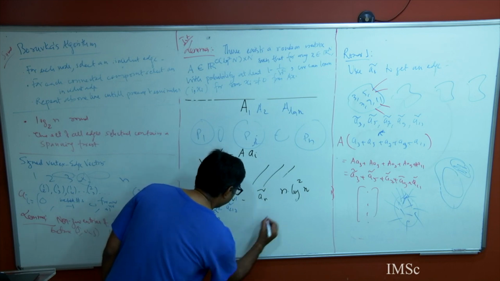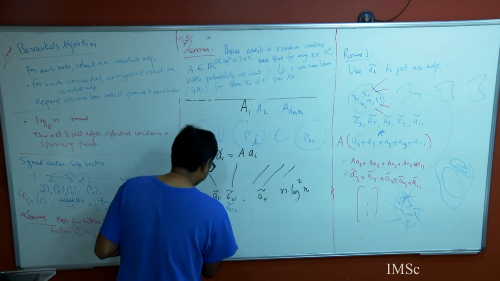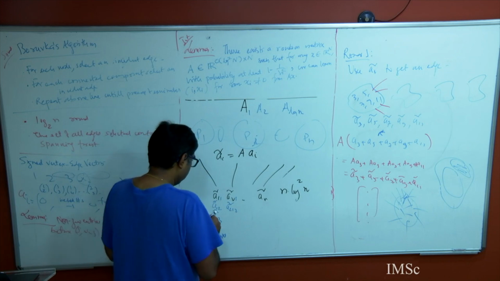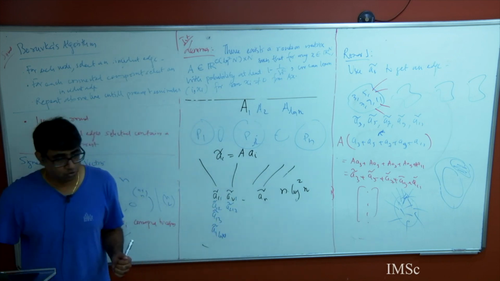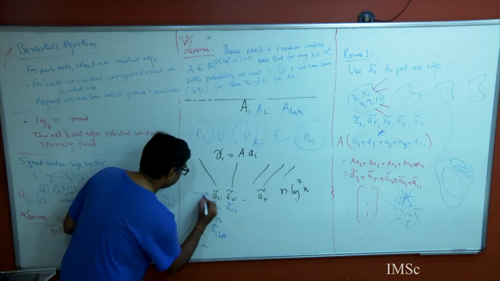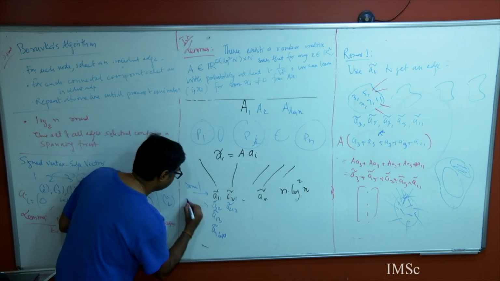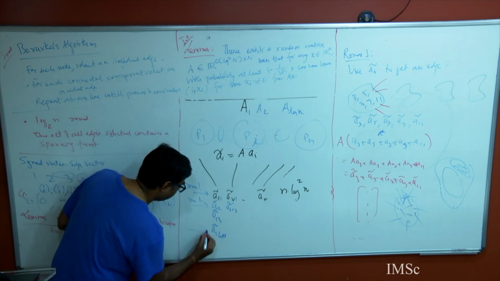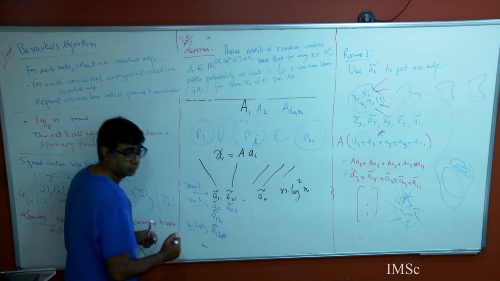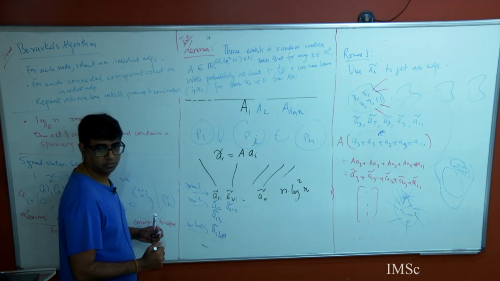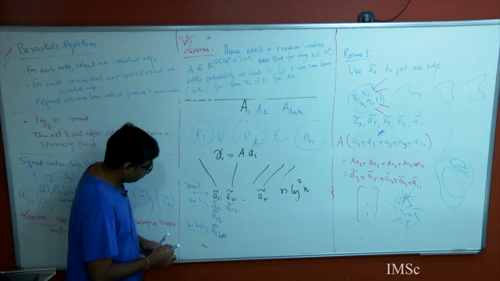And my central algorithm is supposed to use this vector in round 1, this vector in round 2, and this vector in round log n. This is what he is going to use.